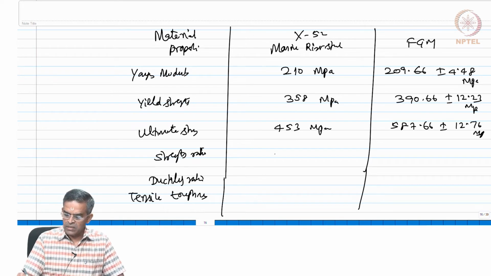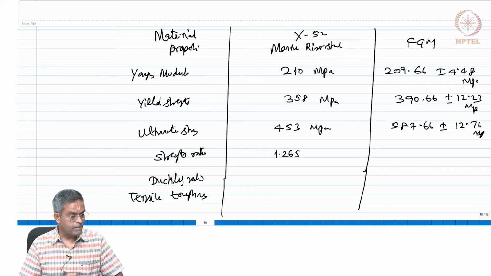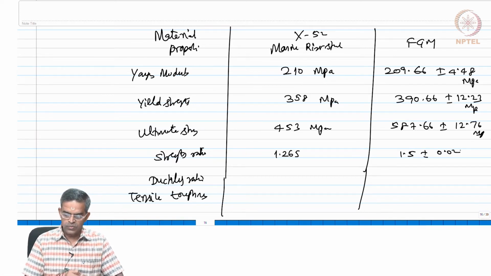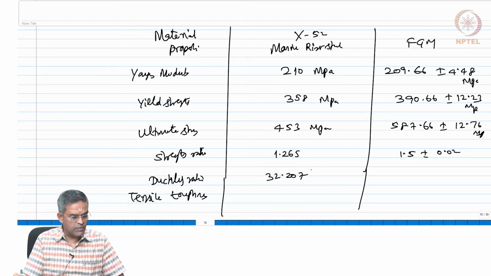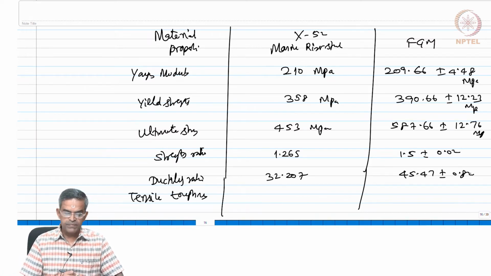So, therefore, the strength ratio in this case is 1.265, which is the ratio of ultimate strength to yield strength, whereas we have 1.5 plus or minus 0.02. The ductility ratio usually is 32.207 for X52, but we have 45.47 in FGM.